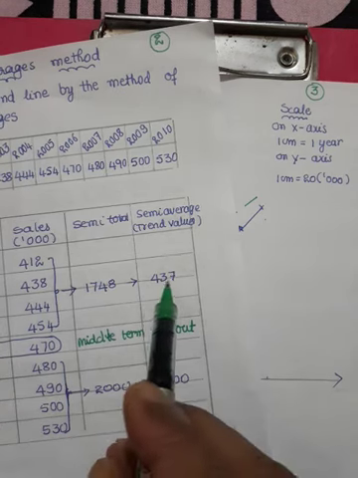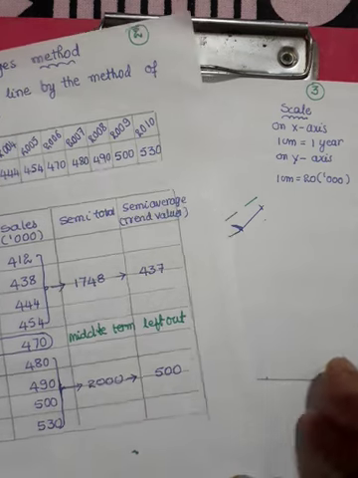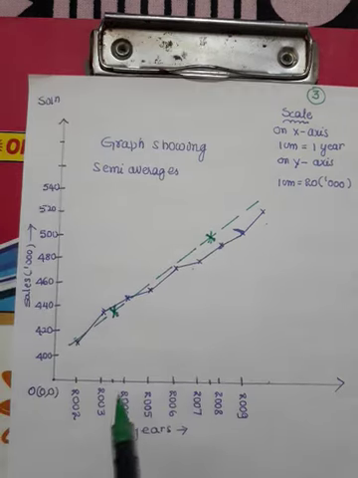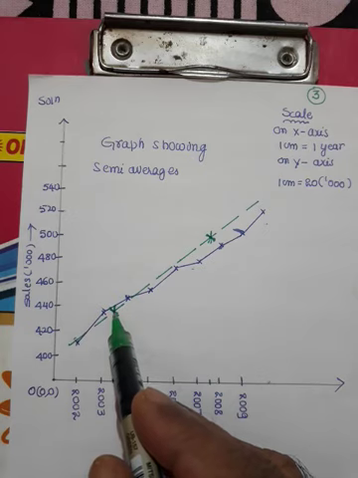For 437, the corresponding time period is 2003.5. So for 2003.5, you have to mark 437 along the y-axis. This is the first semi-average, the first trend point.